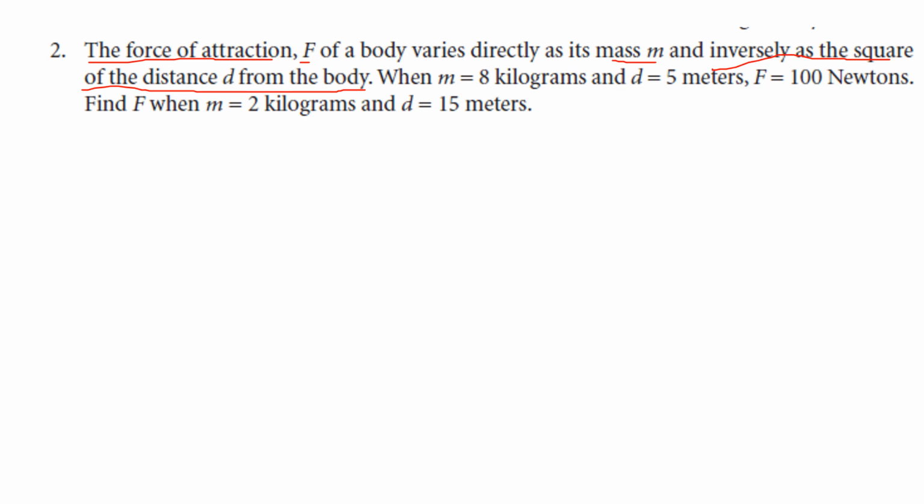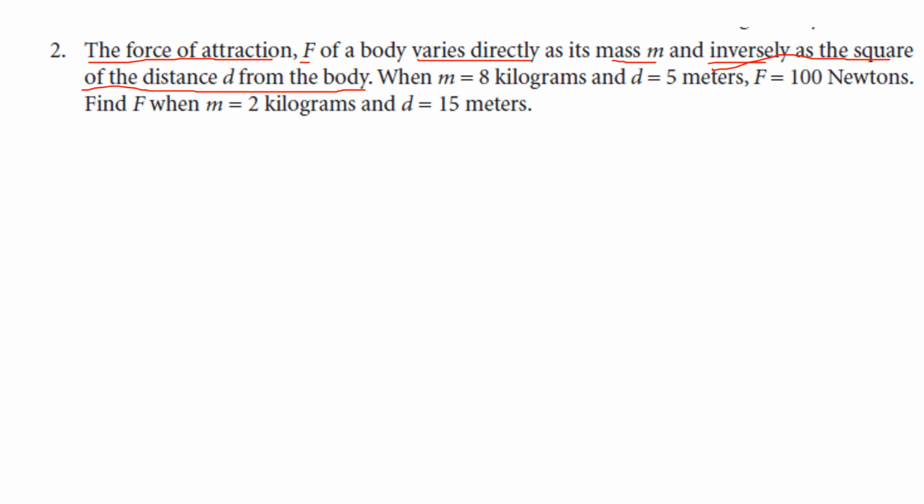Is it direct variation, inverse variation, combined variation, or joint variation? Tanawa ang iyang hint nga as siya varies directly at the same time inverse siya. So, combined ang atong direct variation and inverse variation. So, that is, yes, that is our combined variation.